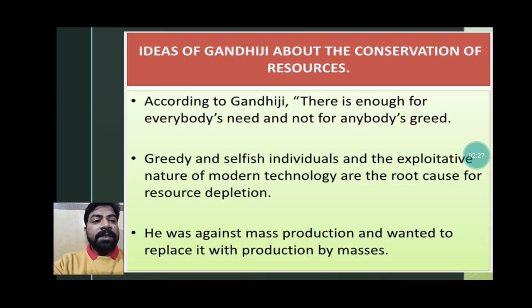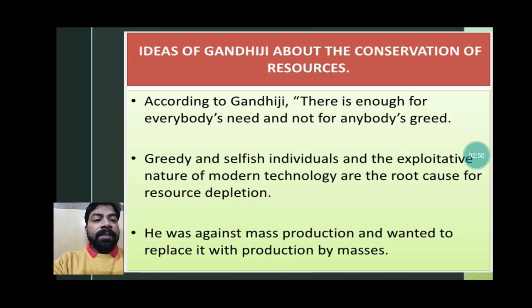Greedy and selfish individuals and the exploitative nature of modern technology are the root cause for resource depletion. So according to Mahatma Gandhi, he has given the idea of why the resources are depleting and who is responsible for the depletion of resources. They are the greedy ones.